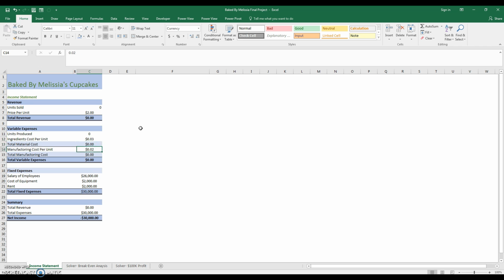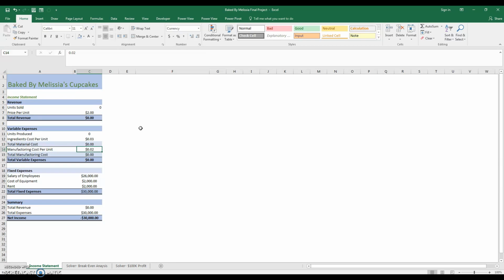For the manufacturing cost per unit, since we've done everything in bulk, all we need to do is shape the cupcakes and present them to our customers as a final showing. It's kind of like plating it in a very intricate way, but it's very simplistic as well, in order to give them the best possible view so they want to buy these cupcakes for their loved ones, for their families.